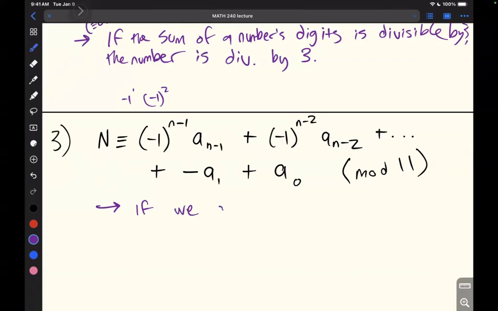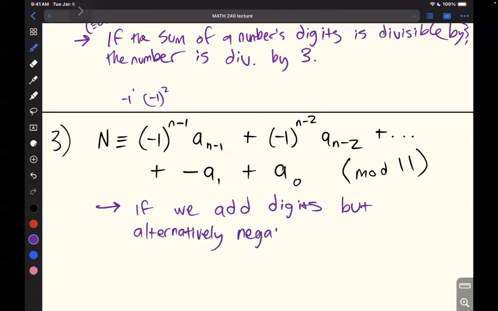If we add the digits, but alternate negation, so to write a number mod 11, we add the digits, but every other digit we negate.